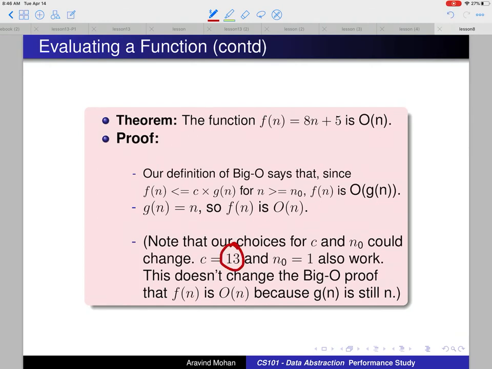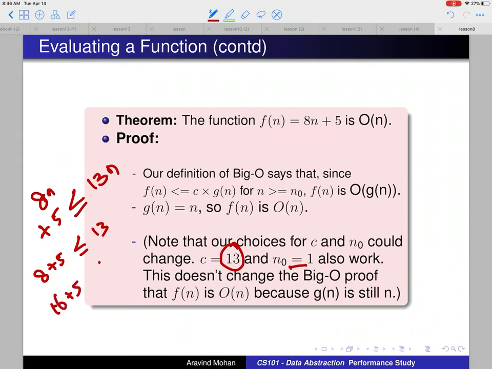It's not always that we need to substitute c as 9. You could also do c as 13, for example, right? So if you do c as 13, then simply the proof here should be 8n plus 5 is less than equal to 13n, right? So if you do the substitution, this will work for n naught starting from equal to 1. Which means I can substitute n equal to 1. 8 plus 5 is less than equal to 13, right?